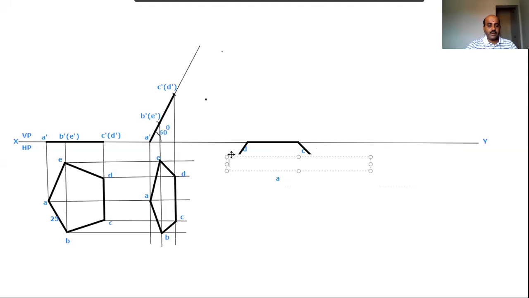And this will be B. Okay, so you are transferring the second position top view over there. Now you draw the projectors from each point over here.